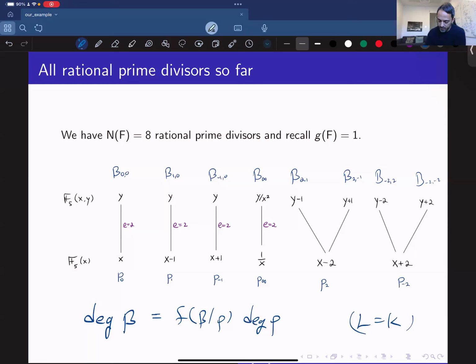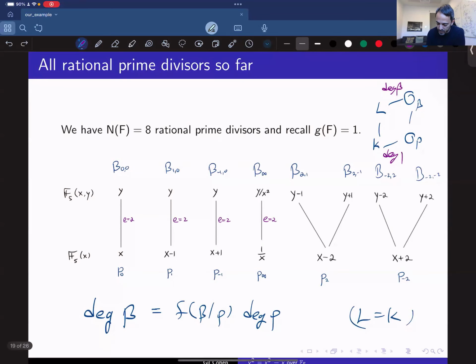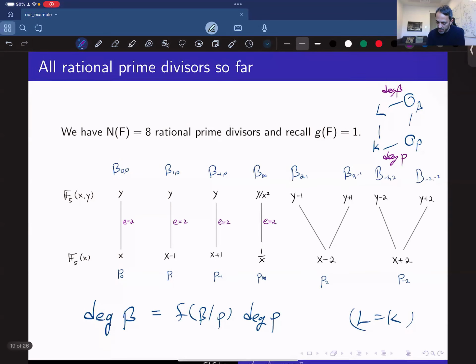Right, if you remember, maybe I should remind you of that. We had K and L and O little p and O big P. And this thing is the degree of capital P. I mean, the degree of the extension. O capital P contains a copy of L, and the extension degree of these fields is degree capital P, and the degree here, for the same reason, small p.